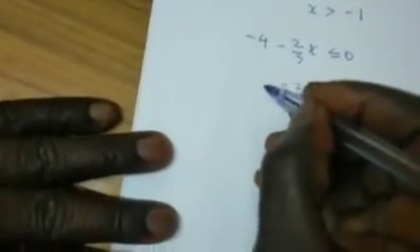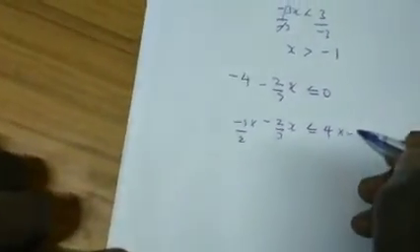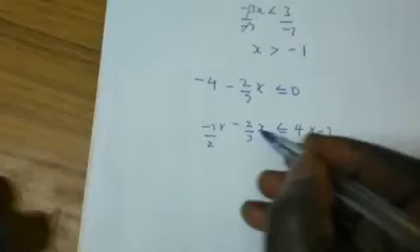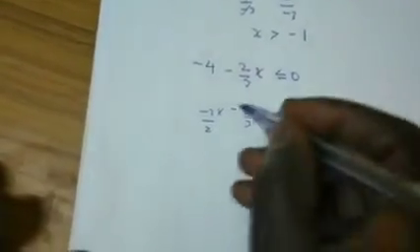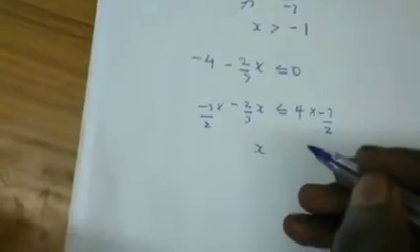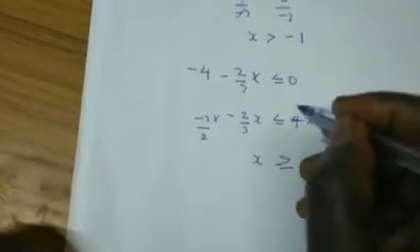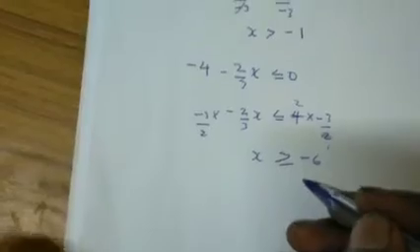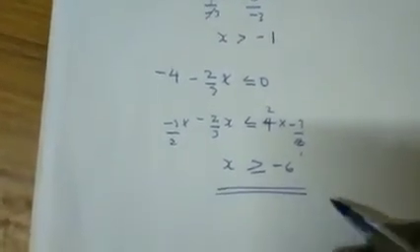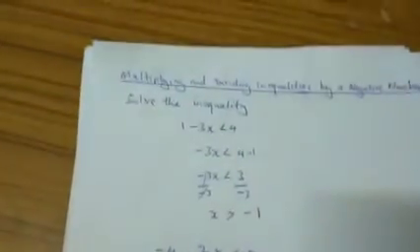So we multiply both sides by negative 3 over 2. And therefore x, since we've multiplied by a negative, the inequality sign will be reversed so that it becomes greater than, and that is 2, so that is negative 6. So x is now greater than or equal to negative 6.